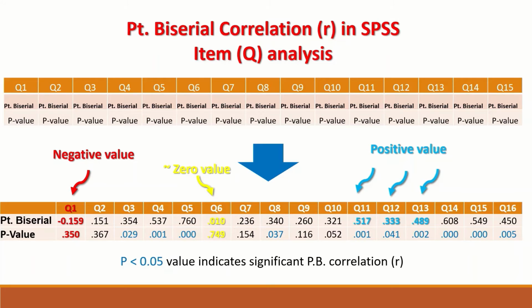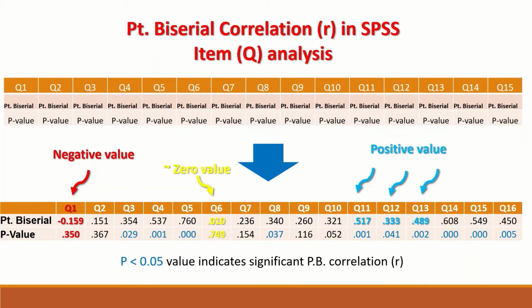Q12 is also a good question, as the value for it is 0.33 and the P value is less than 0.041. The same goes for question number 13. We can call it a very good question, as the R value is 0.48 and the P value is very low.